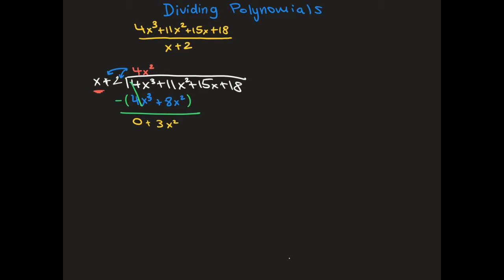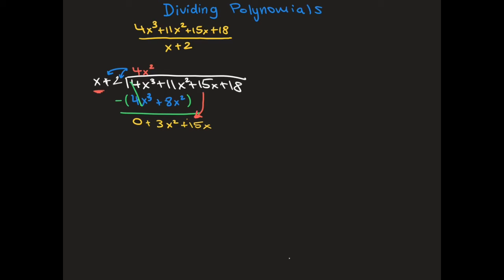Now you've got this number, and what you need to do next is bring down that 15x. So now you've got plus 15x. And all you have to do now is just repeat the process.